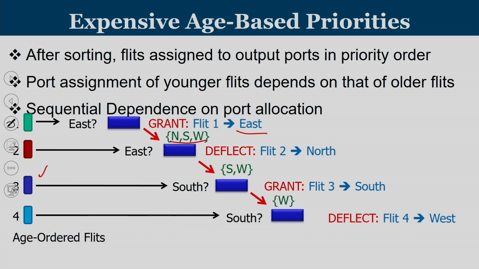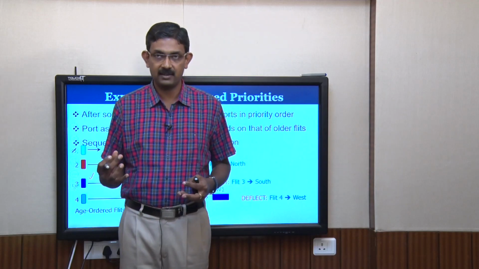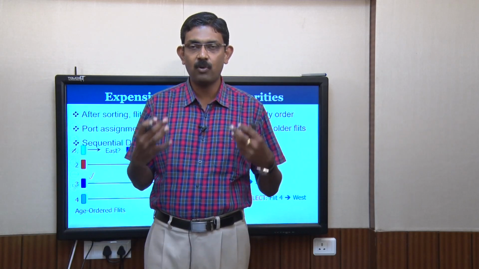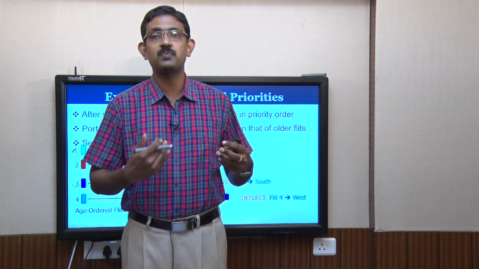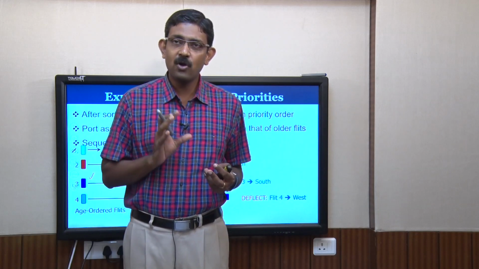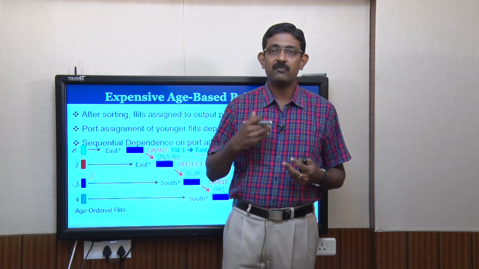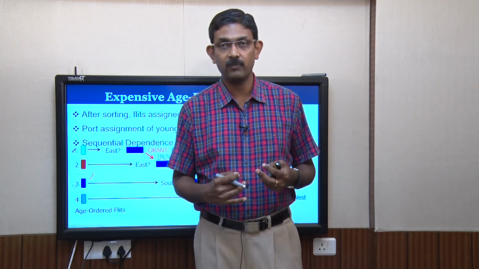So if you look at this flow, the very first flit asking for a port will get it. After port allocation, whatever ports are available are passed on to the next flit. So the processing of the second flit is possible only after the first flit is given a port.